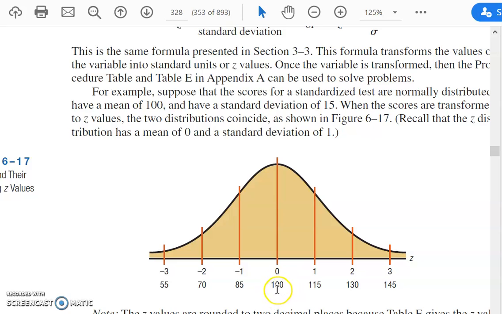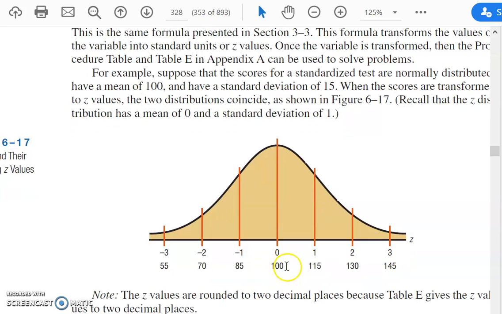We find their mu was 100. We also find their standard deviation, which happened to be 15. So 100 plus 15, this is your 1 sigma. This is mu plus 1 sigma. 100 plus 30, that's 100 plus 2 times 15, that's the 130 there, okay?